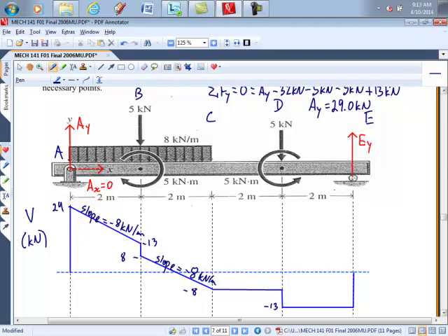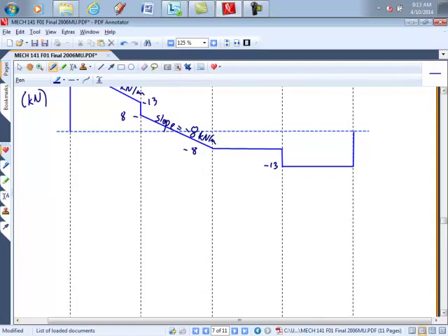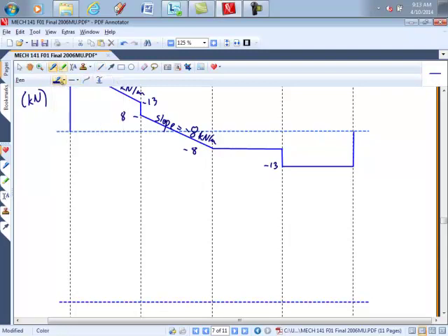It's almost as easy to produce the moment diagram once you've got the shear diagram above, and these couple moments that we have to consider as well. So if we go to the moment diagram, and we'll use red for that one.